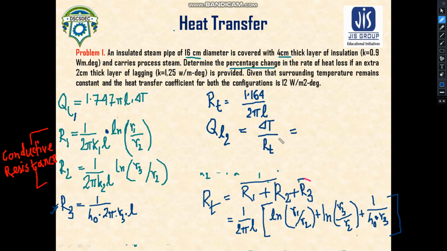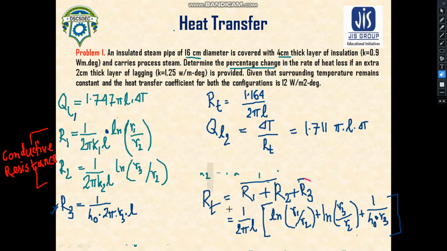So now if we put this value, we get that the heat loss in the second case is in the order of 1.711 pi L delta T.